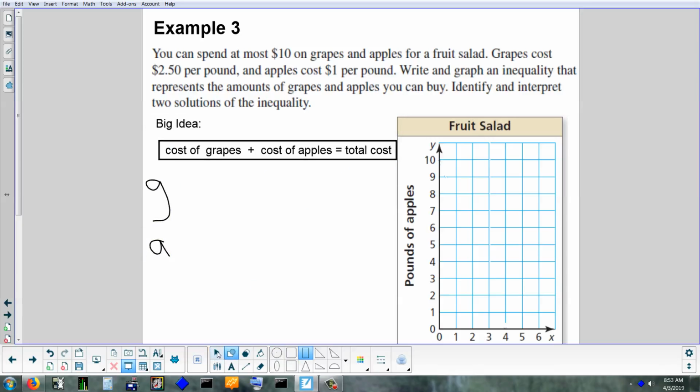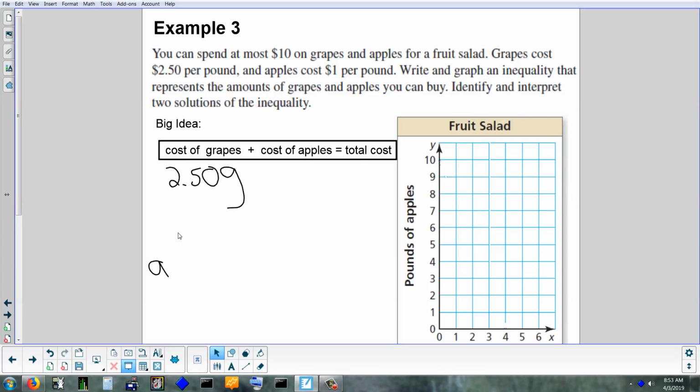So how much do grapes cost per pound? $2.50. So I'm going to write $2.50. What variable is going to be attached to that 2.50? G. You can use X and Y, you're not wrong. 2.50G.